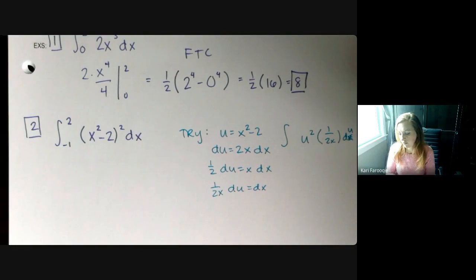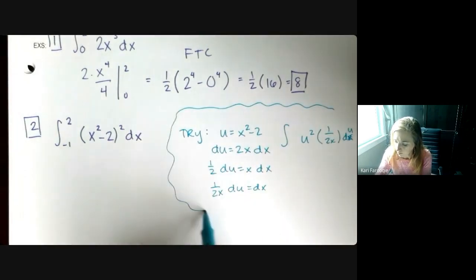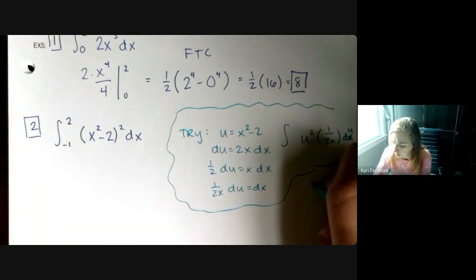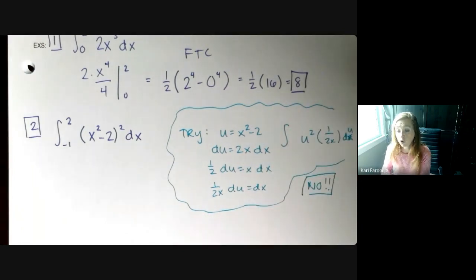And then you're kind of like, I don't know. And then you'd run into some problems. So this is messy. This is a big no. The u substitution won't work.